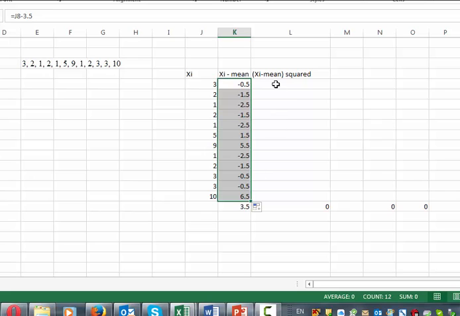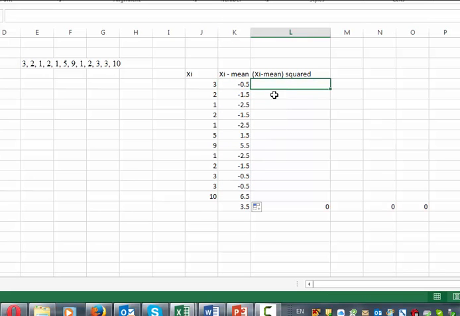Right? And then for standard deviation, we need to calculate xi minus mu squared. Right? So for squared, we just use this cell multiplied by itself. That gives you the squared value. And then we're going to copy this all the way down.